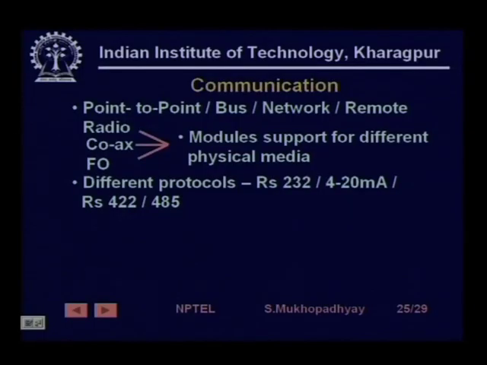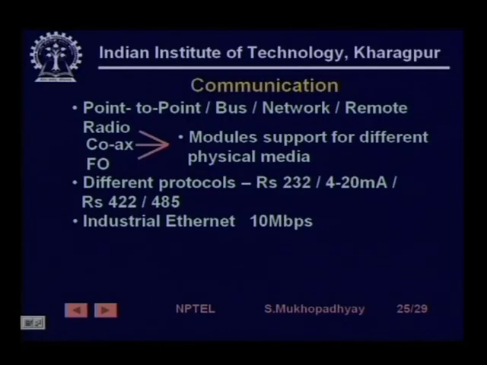Various protocols are supported, for example, RS-232, 4-20 milliampere current loop, RS-422, 485. These are point to point communication protocols. Apart from that, there could be network protocols. For example, industrial Ethernets are sometimes used, where the computational requirements are well known, well understood, and due to the CSMA/CD media access protocol, performance is not going to degrade.